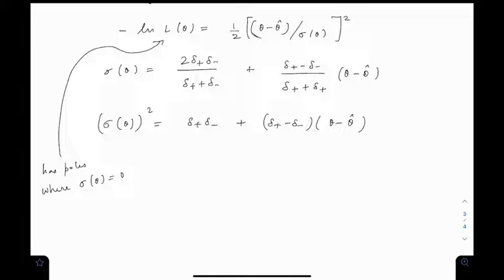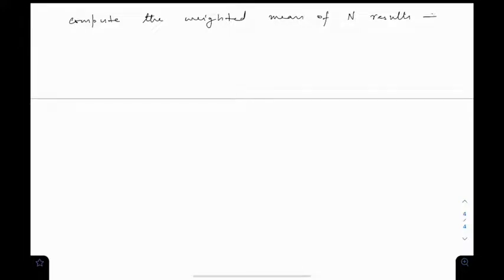So let's say we compute the weighted mean value of n results. Let's call it theta bar. And we form the sum of the quadratic deviations of the individual measurements from their average, normalized to their expected error square. So we form this chi-square.